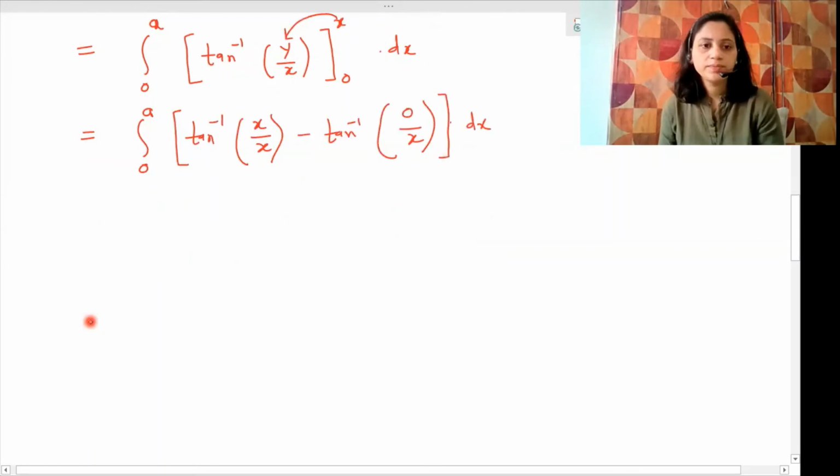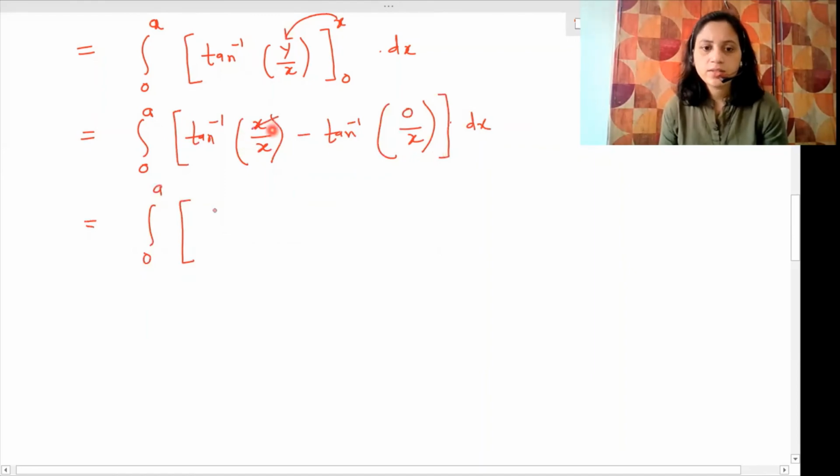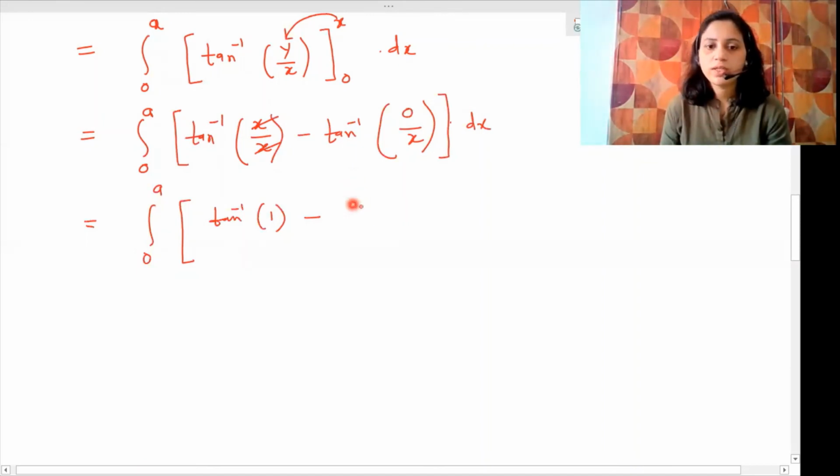Now next step, 0 to a, this term as it is. Now x gets cancelled, so this will become tan inverse of 1 minus tan inverse of 0, and tan inverse of 0 is always equal to 0. And this is dx, which is equal to, next step, tan inverse of 1, which is always equal to pi by 4, with respect to dx.